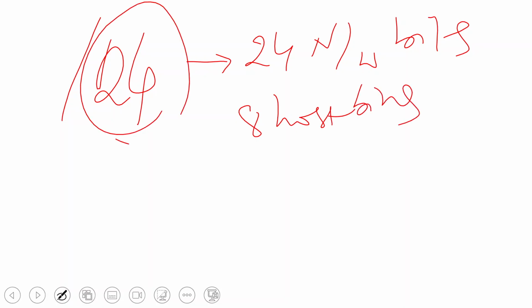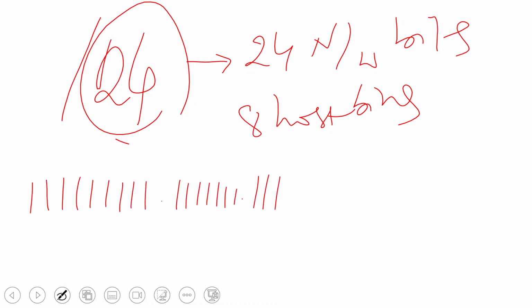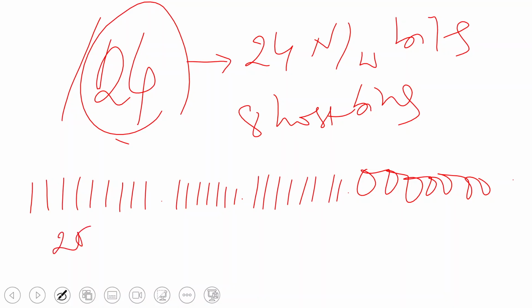So 24 means you will have 24 ones, and the 8 host bits are zeros. This is how your binary IP address will look for slash 24 notation. If you want to represent that in decimal notation, it should look like this: 255.255.255.0.